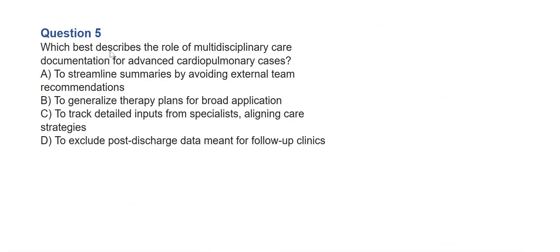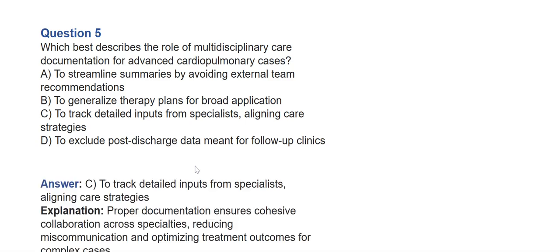Question 5. Which best describes the role of multidisciplinary care documentation for advanced cardiopulmonary cases? A. To streamline summaries by avoiding external team recommendations. B. To generalize therapy plans for broad application. C. To track detailed inputs from specialists aligning care strategies. Or D. To exclude post-discharge data meant for follow-up clinics.